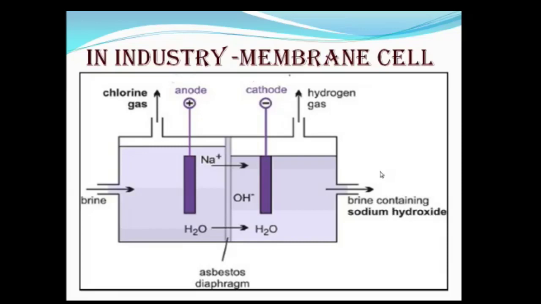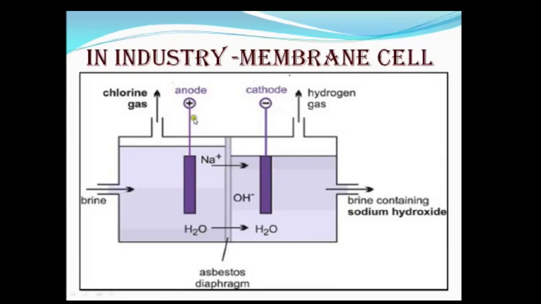So now let's talk about how this membrane cell works. The most modern cell used in the industry is called a membrane cell. The process makes use of brine and a membrane cell with positively and negatively charged electrodes. Here we can see that this is the positive electrode and this is the negative electrode.